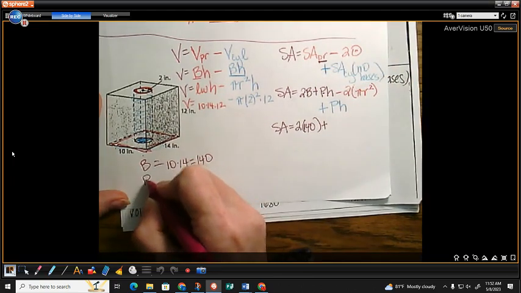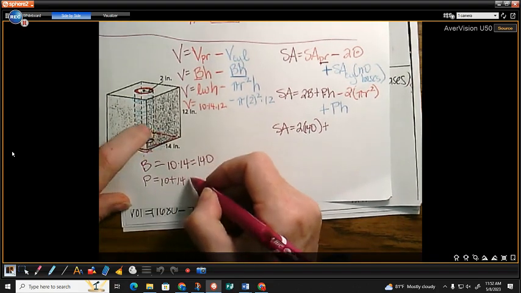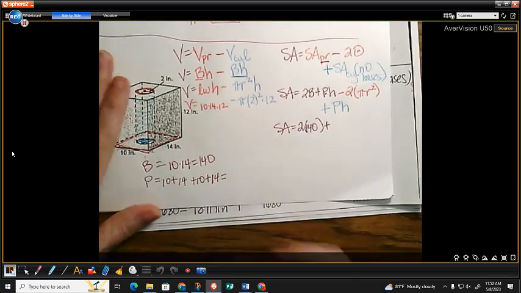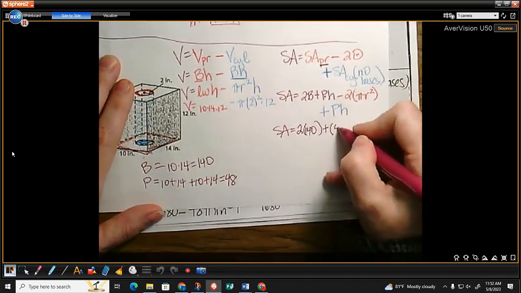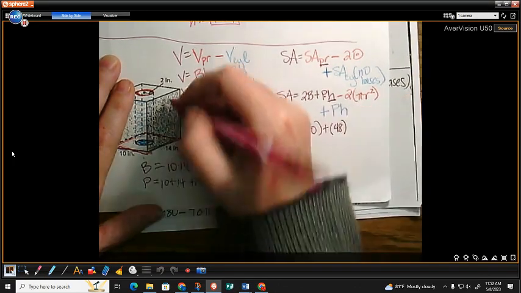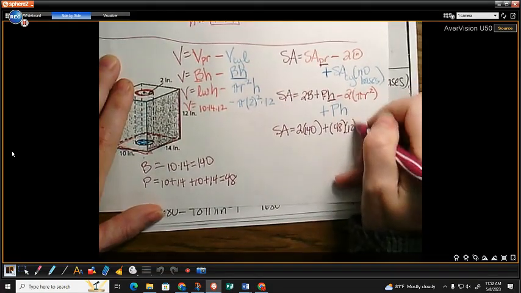So the perimeter of this prism is 10 plus 14 plus 10 more plus 14 more, which is 48. So that goes in for that. Now I need the height. What is the height? That is 12.